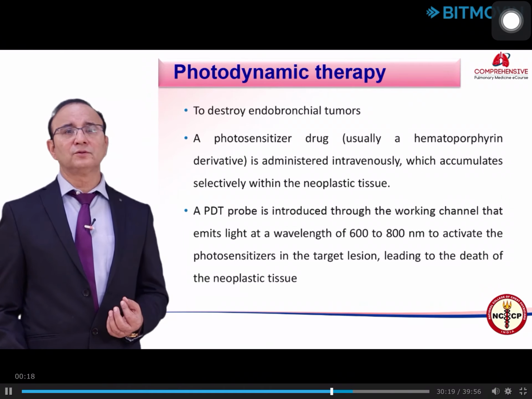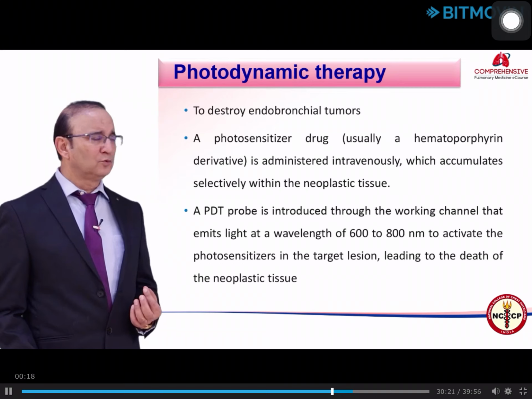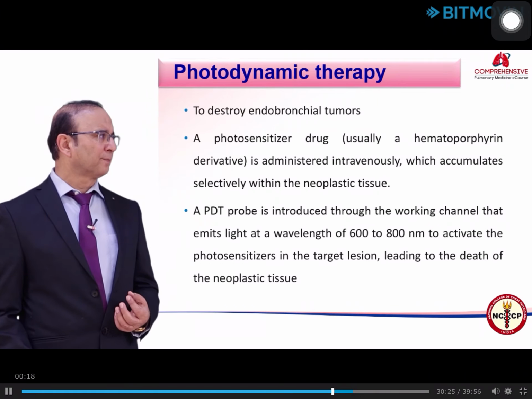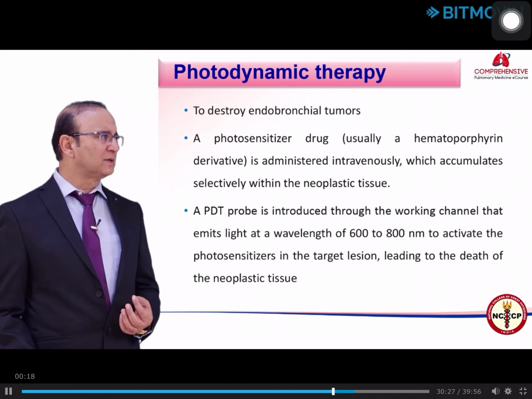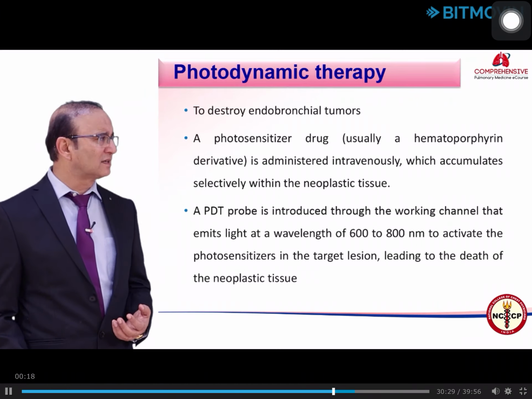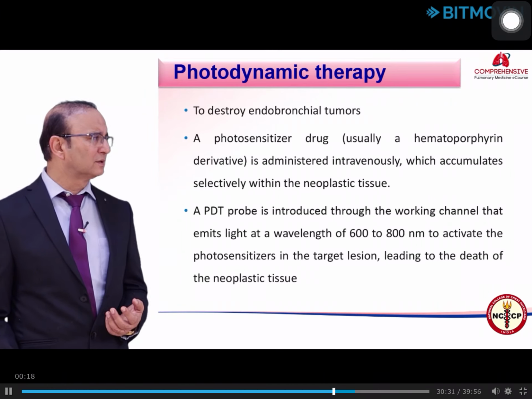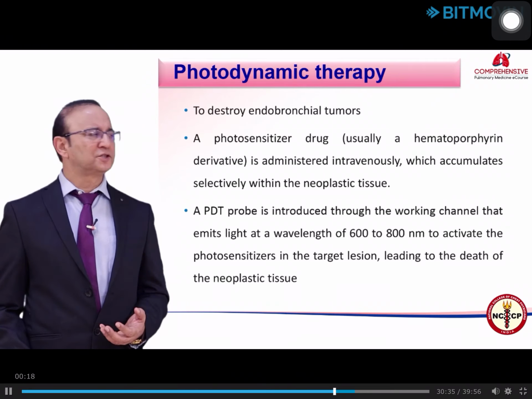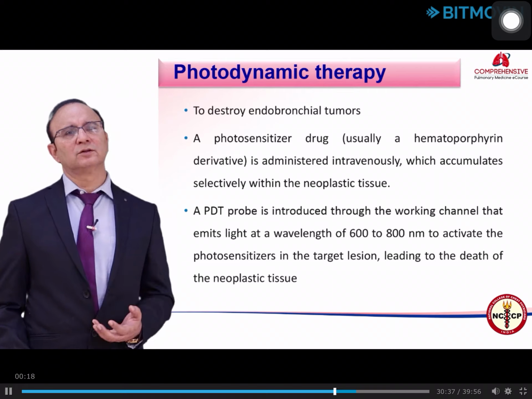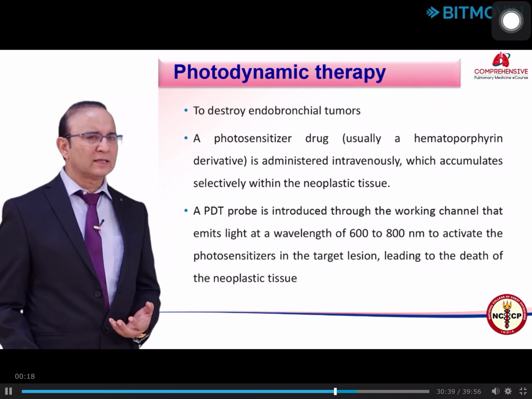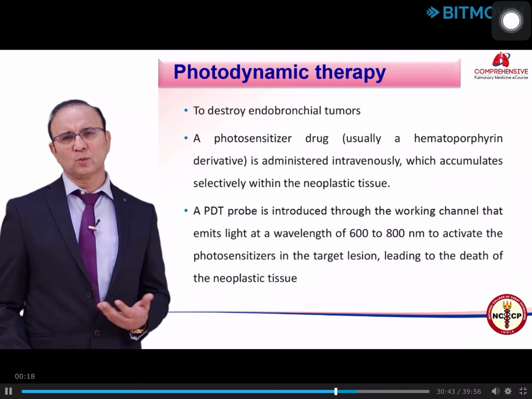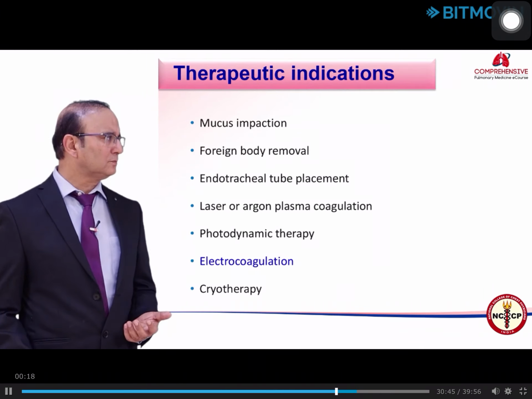Then through the flexible bronchoscope, a photodynamic therapy probe is introduced through the working channel that emits light at a wavelength of 600 to 800 nanometers to activate the photosensitizer in the target lesion, leading to the death of the neoplastic tissue. And then the dead tissue is usually debulked later with the rigid bronchoscope.